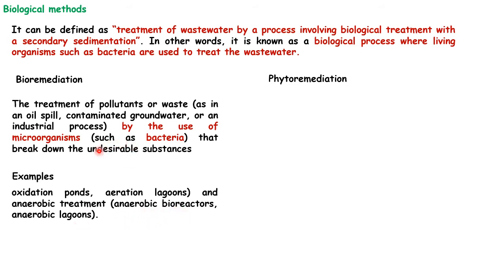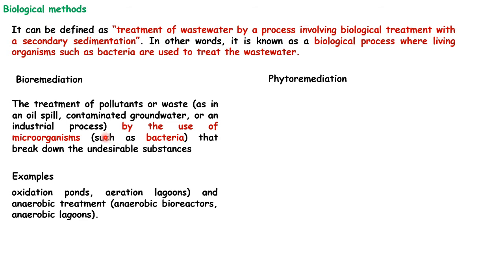So let me tell you how it works. In the schematic picture, we have seen that once the wastewater has passed down from the physical treatment, which we call primary treatment, it will be sent to the secondary treatment, which in simple terms we call the biological method.